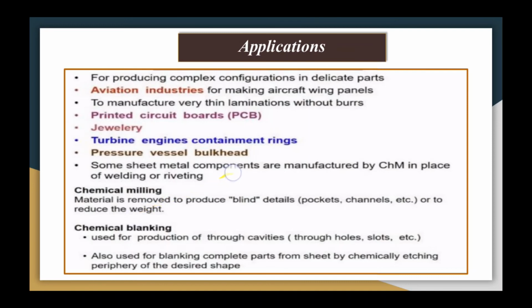Another application is chemical blanking, which is used for production of through cavities, through holes, slots, etc. Chemical blanking is also used to blank a complete shape by chemically etching the periphery of the desired shape. So these applications are important in concern with this chemical machining process.